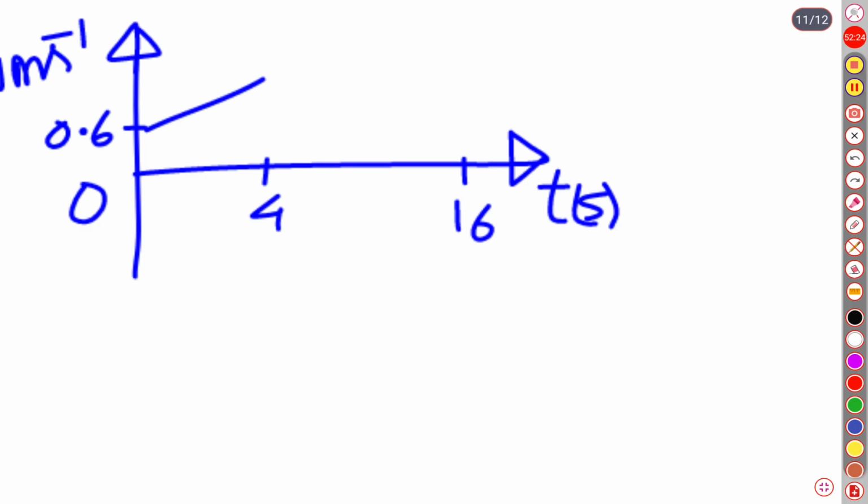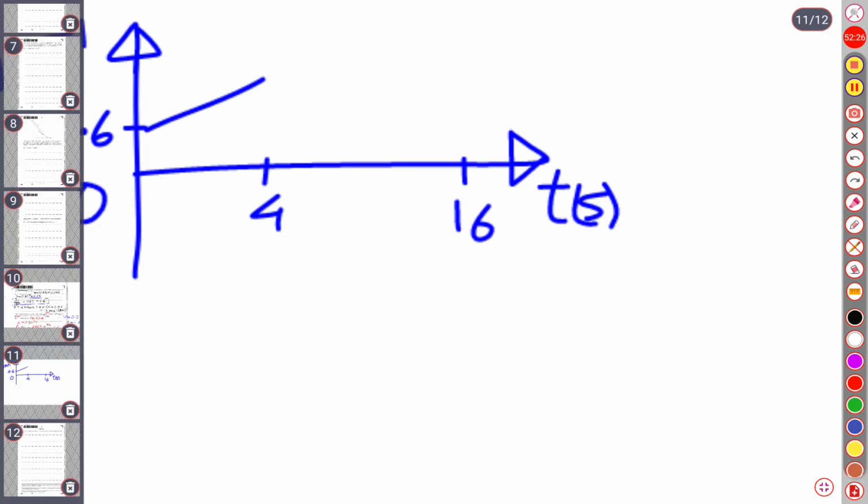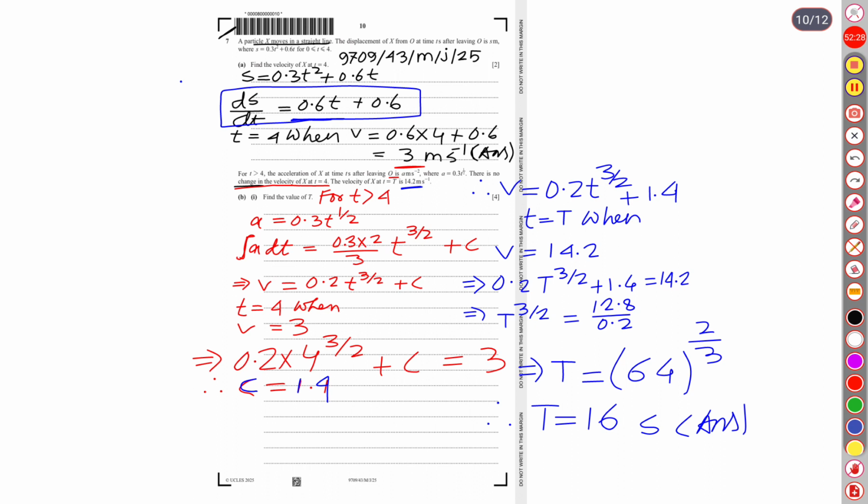Then what about the next part? Our velocity graph for the second phase is this one. For the second phase, it is also positive, but it's not a straight line. It's a curved line, but it is positive, which starts from 1.4.